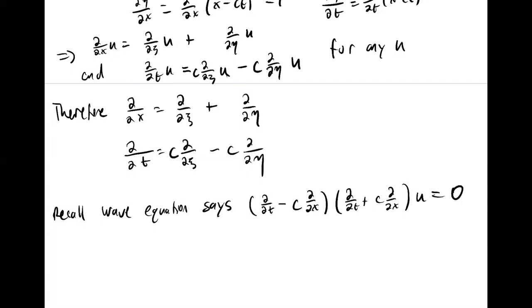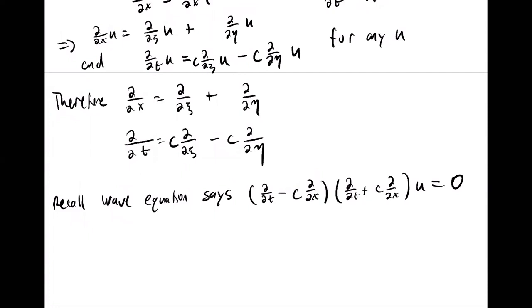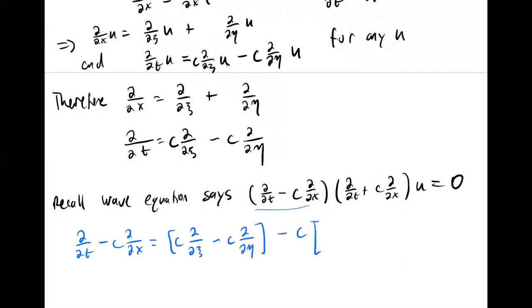And so what we're going to do now is rewrite this in terms of the new coordinates xi and eta. Let's look at the first term. What is d dt minus c times d dx in terms of the other coordinates? Well, I'm going to plug in c times d d xi minus c times d d eta, and for the second part, minus c times d d xi plus d d eta.